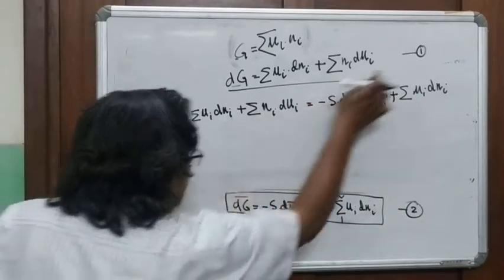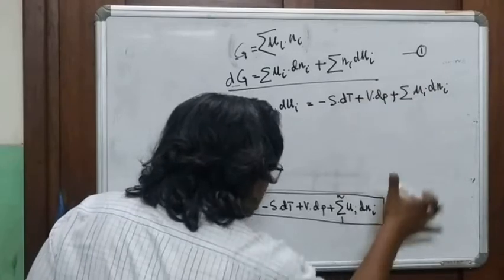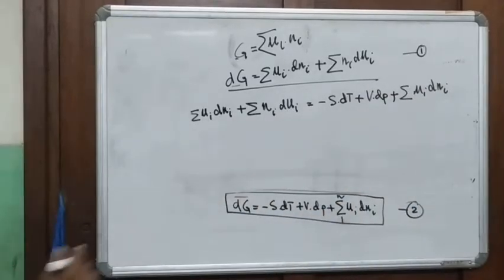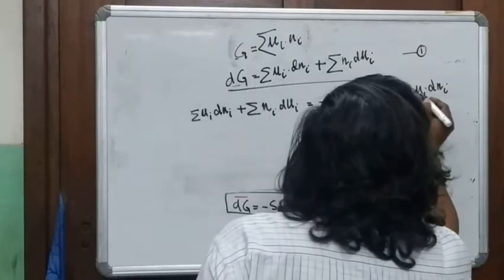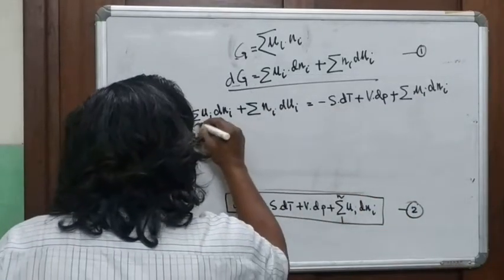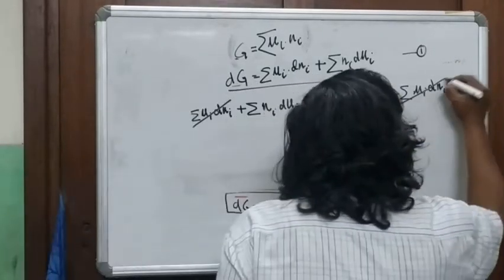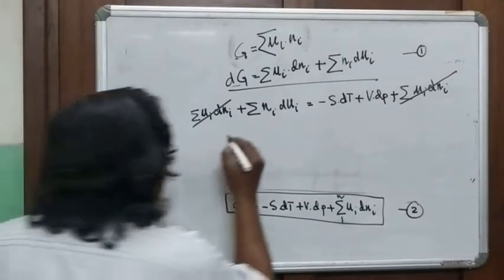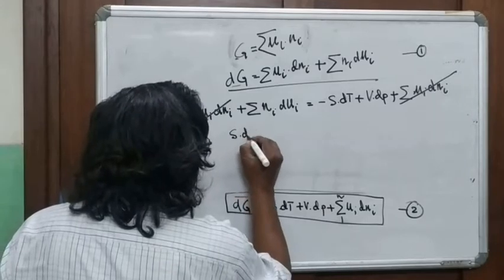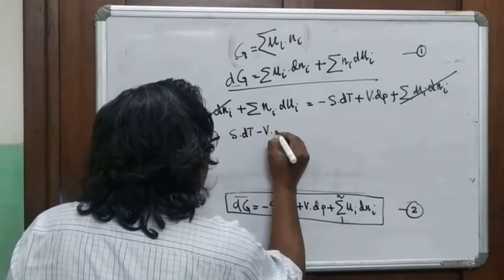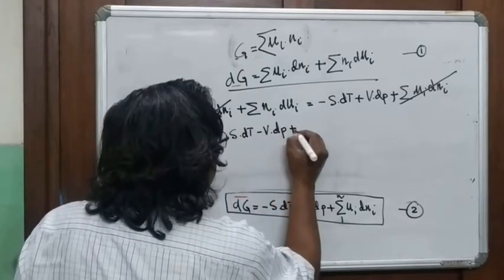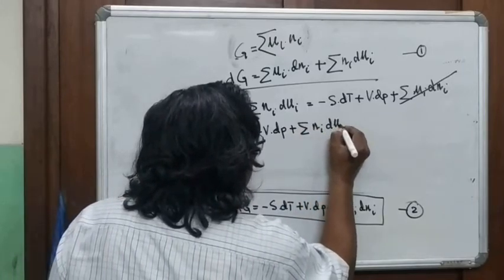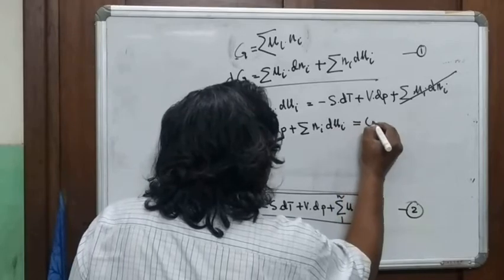This is part of 1, this is part of 2. And if I do that, then you can see mu I dni cancels off. And so you get the expression S dt minus V dP plus sigma Ni d mu I is equal to 0.